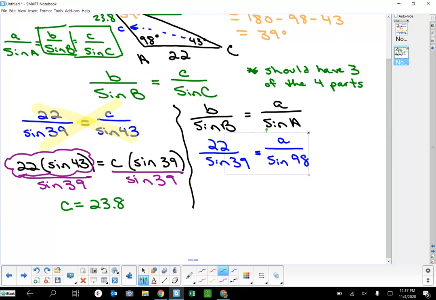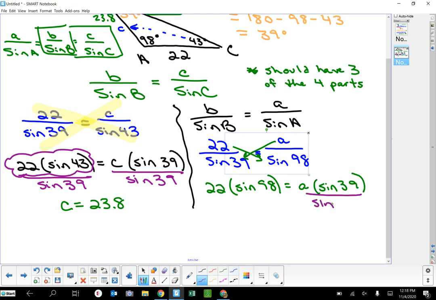Cross multiply. So again, I'm multiplying the 22 times the sine of 98, which is equal to A times the sine of 39. And I'm going to divide both sides by the sine of 39.